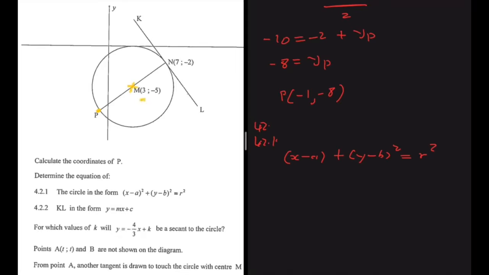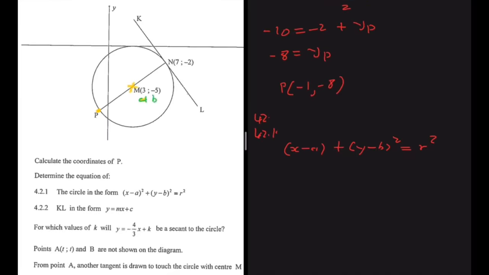3 will be a and y will be b, or minus 5. So if we put that into this equation, we shall get (x minus 3) squared plus (y minus 5), so that will just be plus 5, squared is equal to r squared, right?